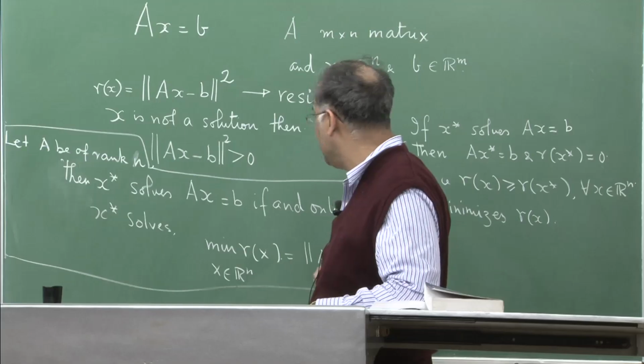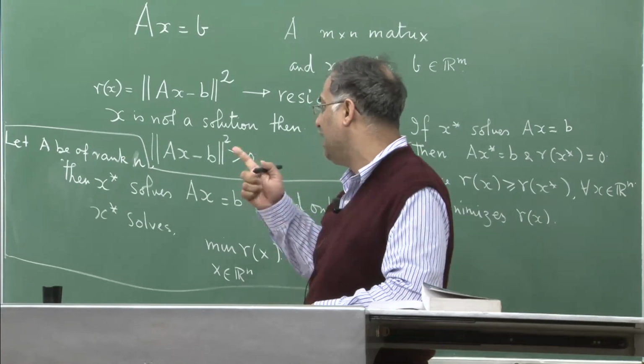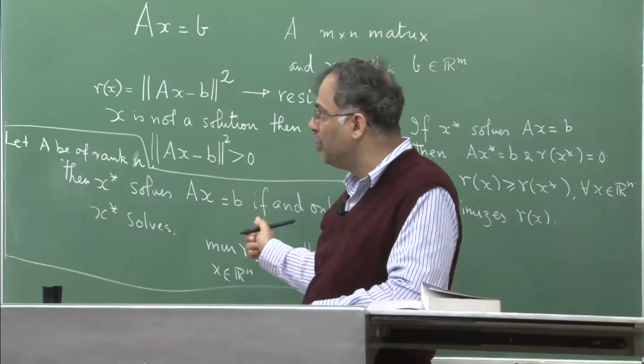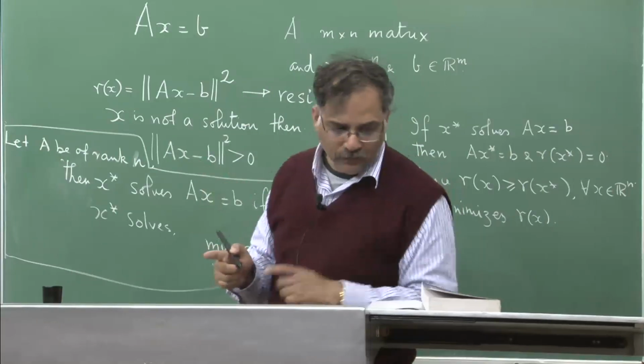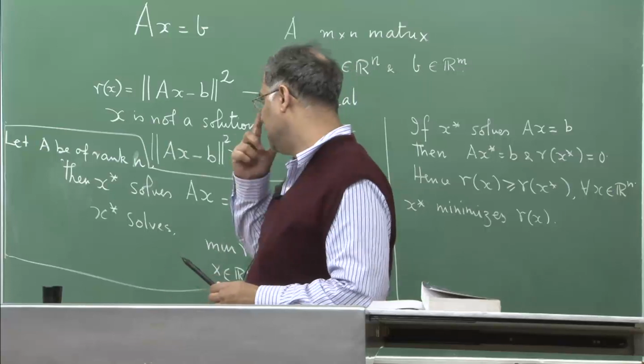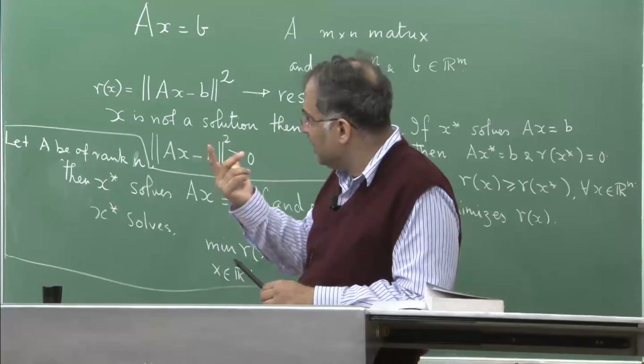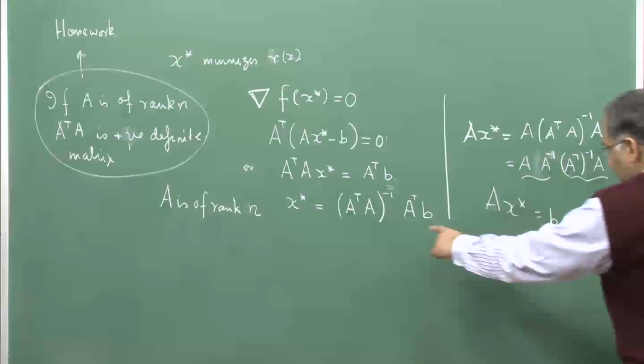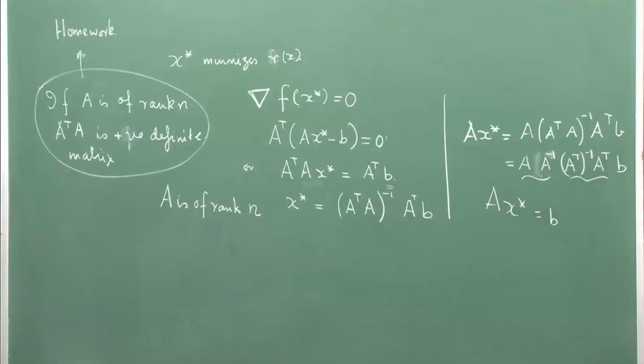If I find this critical point when the rank of A is n, then that critical point is actually a solution of this problem, and we have shown that it is actually solving the original problem Ax star equal to B.